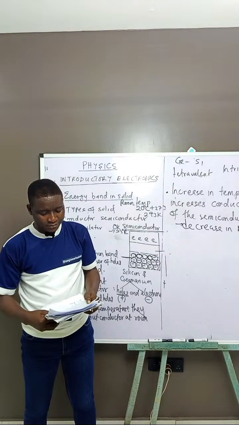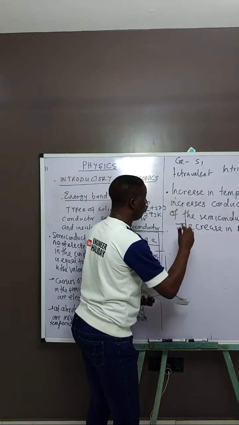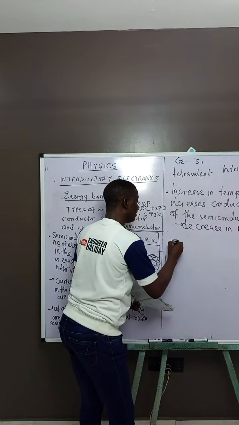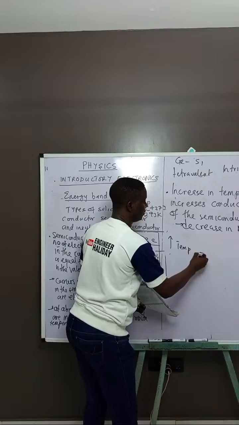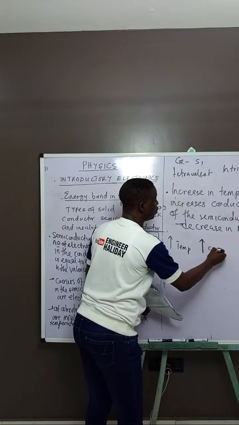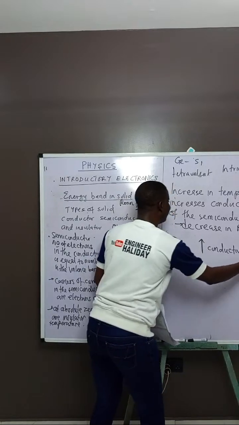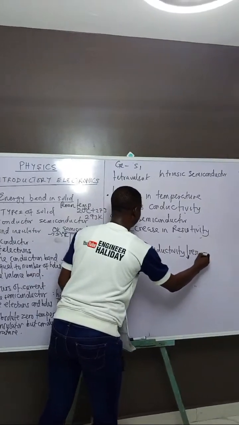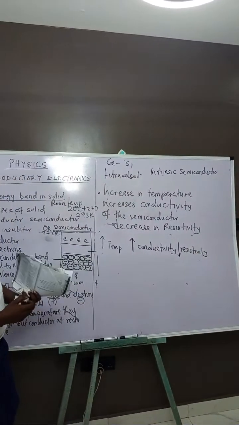Now, before we go on, let me give you a shortcut here. In a semiconductor, an increase in temperature increases conductivity. Please take note of that. It also decreases resistivity. In the semiconductor, this is a bomb.